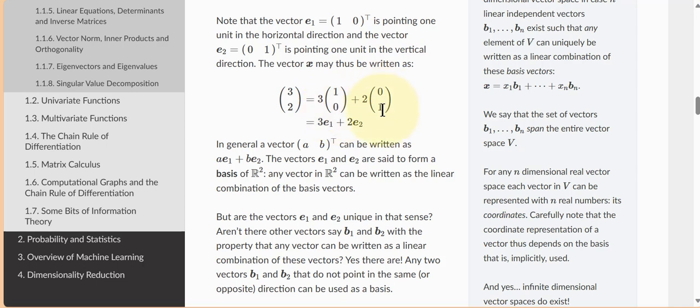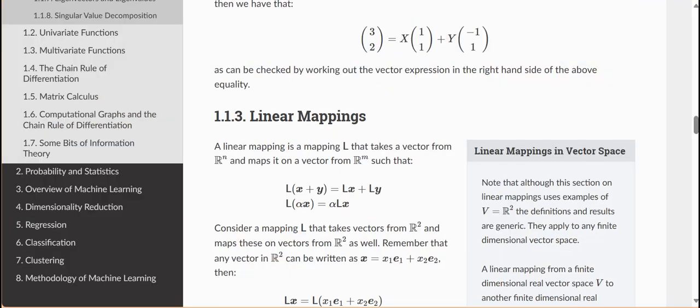But if we had different basis vectors, then we wouldn't say 3, 2 anymore for the coordinates of the yellow vector. We'd have some other coordinates for the same yellow vector. So they say, carefully note that the coordinate representation of a vector depends on the basis that is implicitly used.